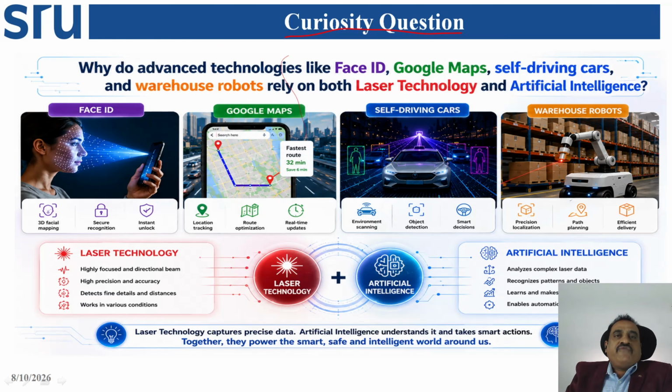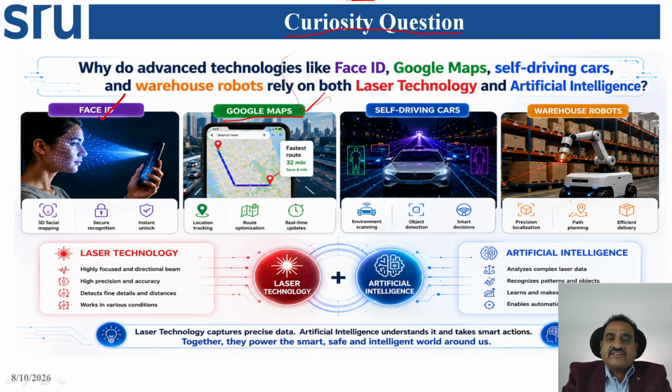Before we go into the physics of laser, let me ask you an interesting question. Have you ever wondered how your smartphone recognizes your face so quickly? You can see here, that is Face ID. How does Google Maps estimate traffic and suggest a route?